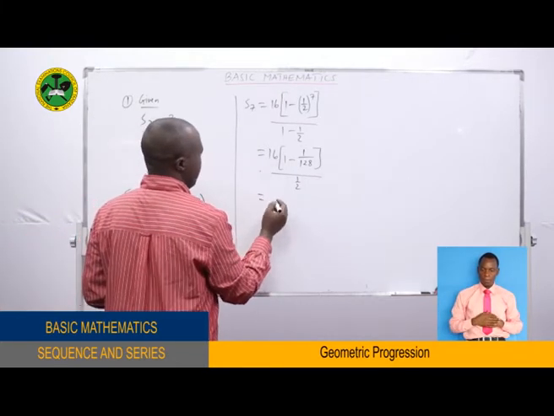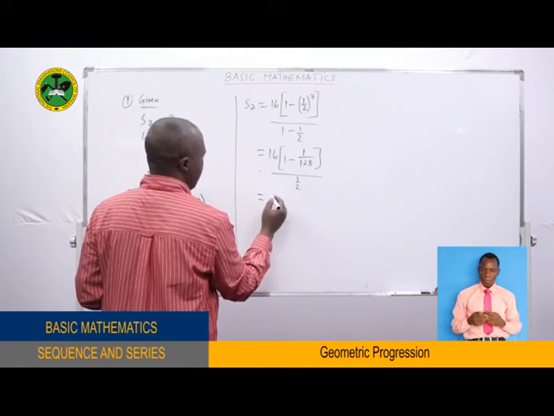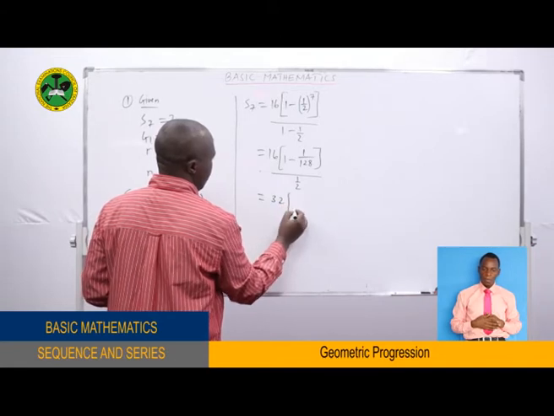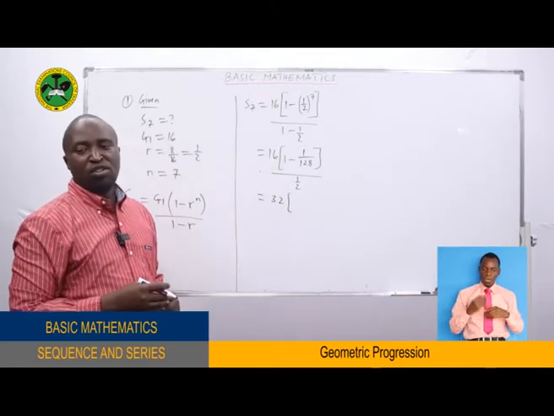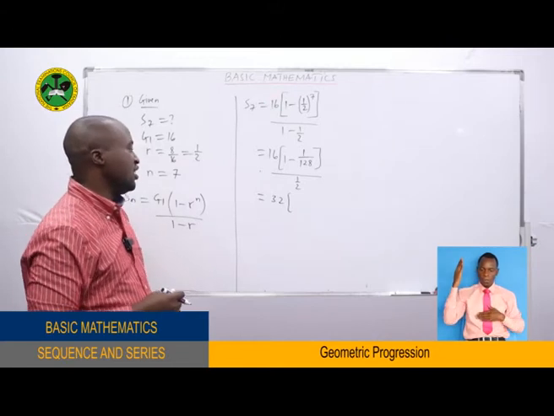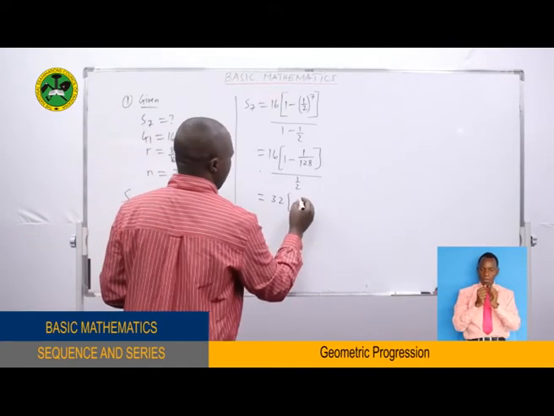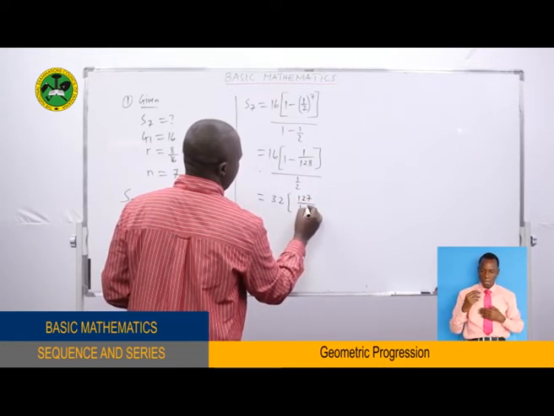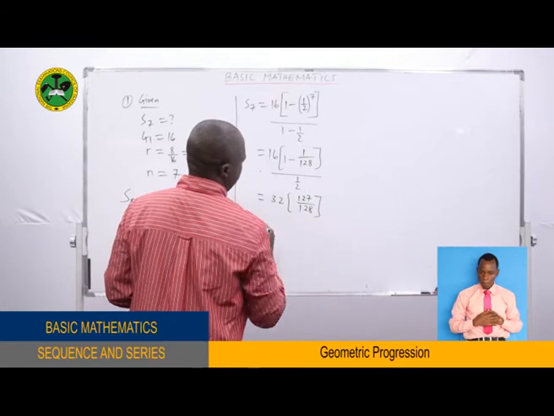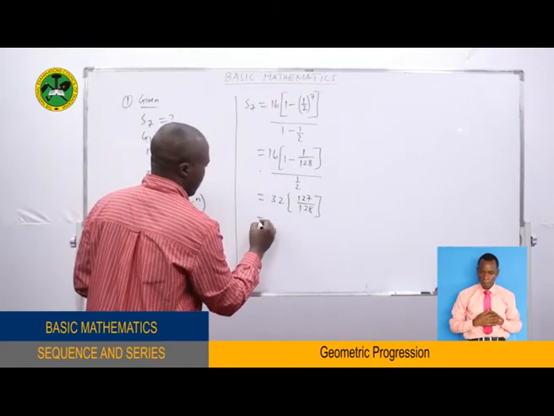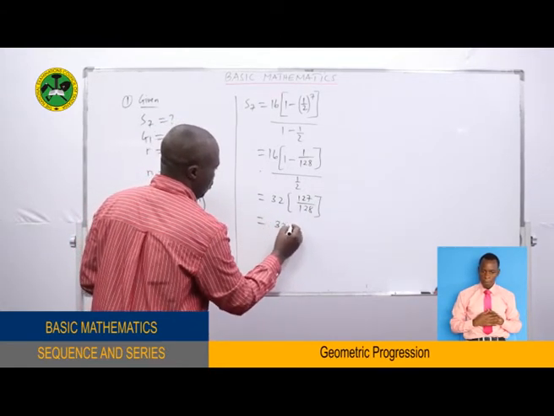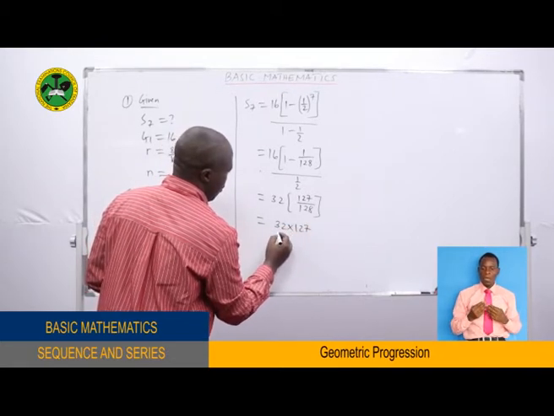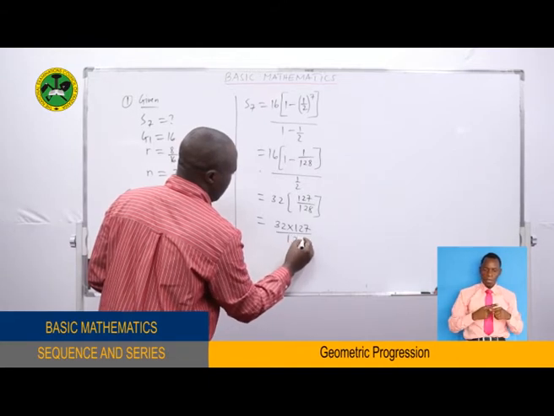So here, dividing by a half, it will be 16 times 2, we have 32, then bracket of 1 minus 1 over 128. Now in this case, we have 127 over 128. So this one is the same as 32 times 127 over 128.